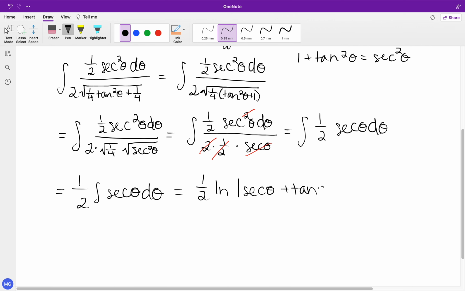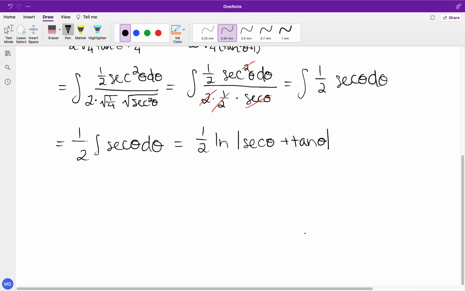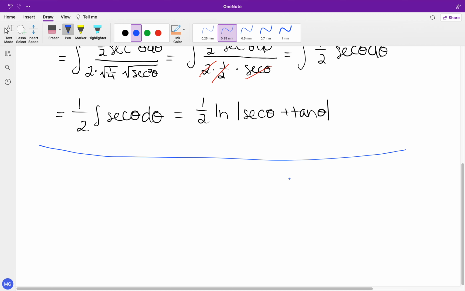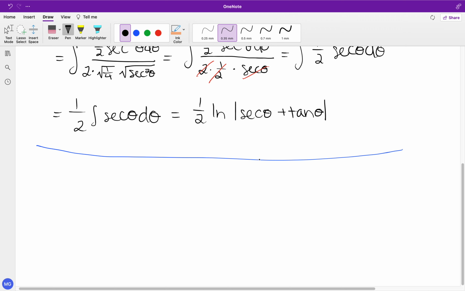plus tangent theta. We know that tangent theta is equal to x over a, which is x over 1/2.